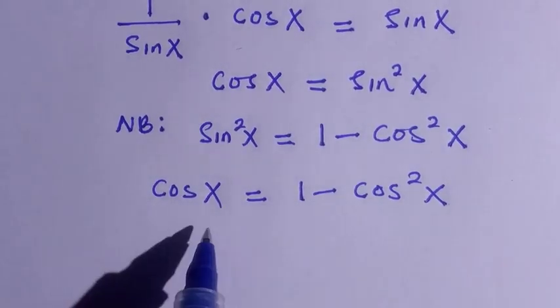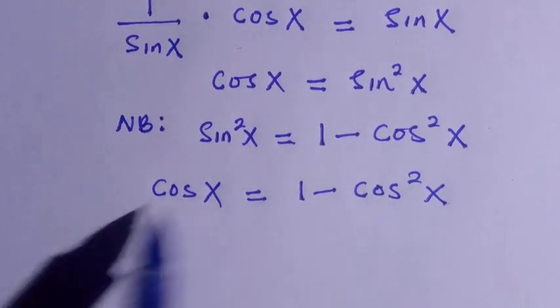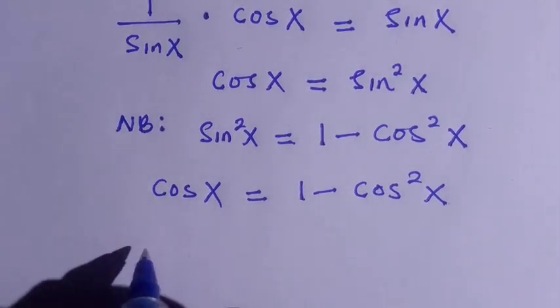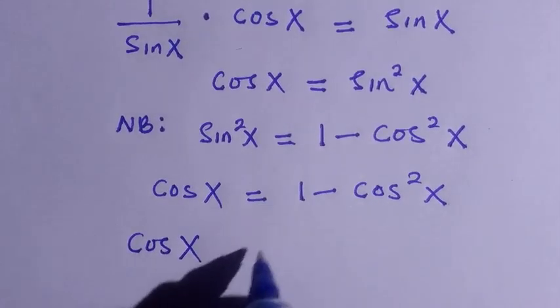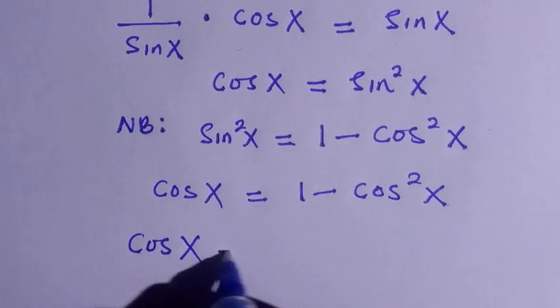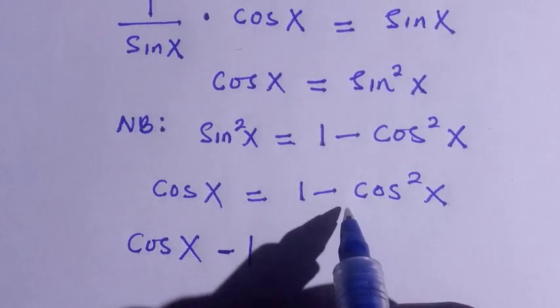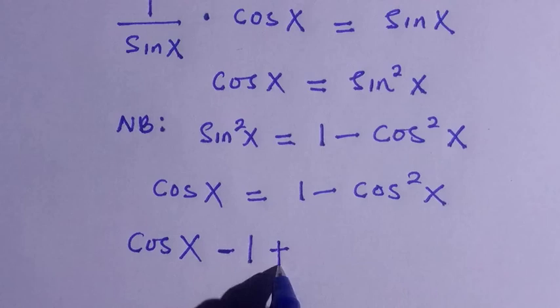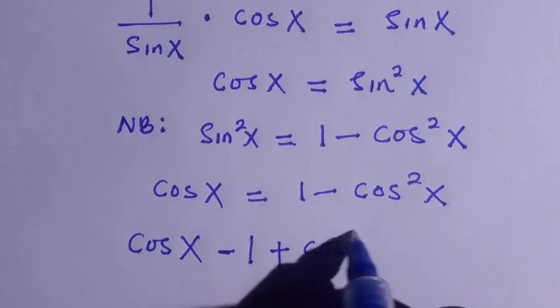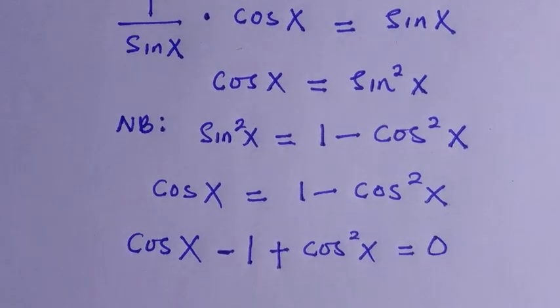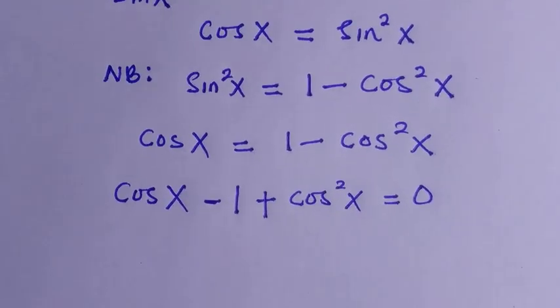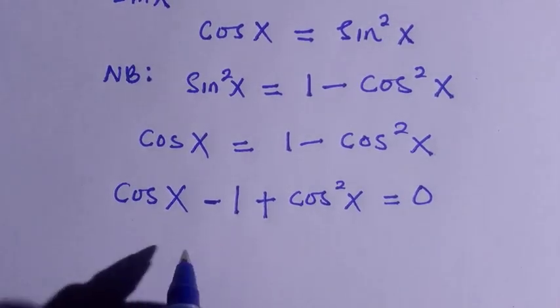So here we are going to rearrange this, that is, we transfer all this to this side. This one remains cos x, and when this one comes here, it changes to -1. So when this negative cos square x comes here, it changes to plus cos square x equals 0. And then let's rearrange again.